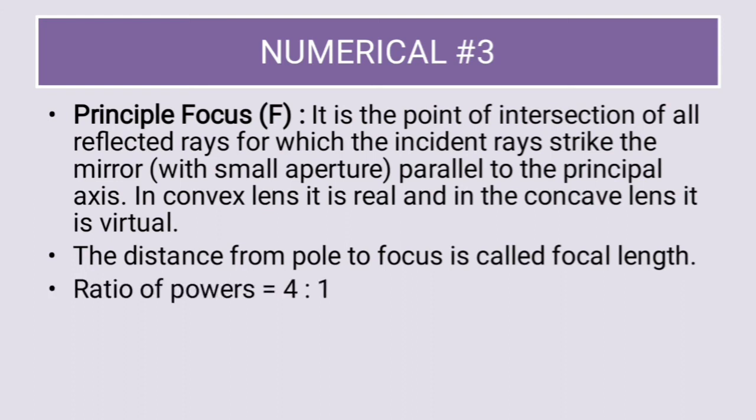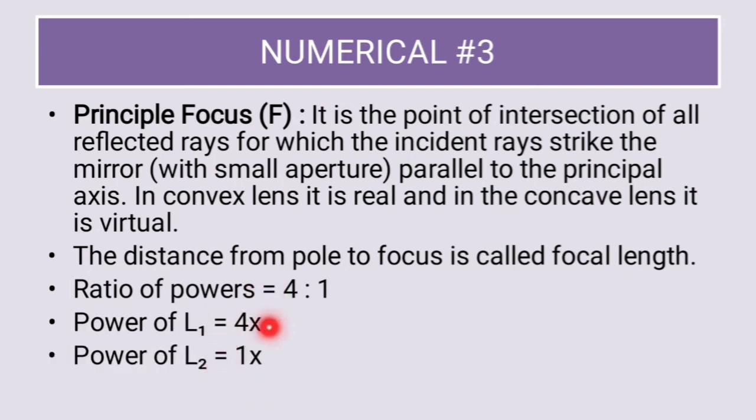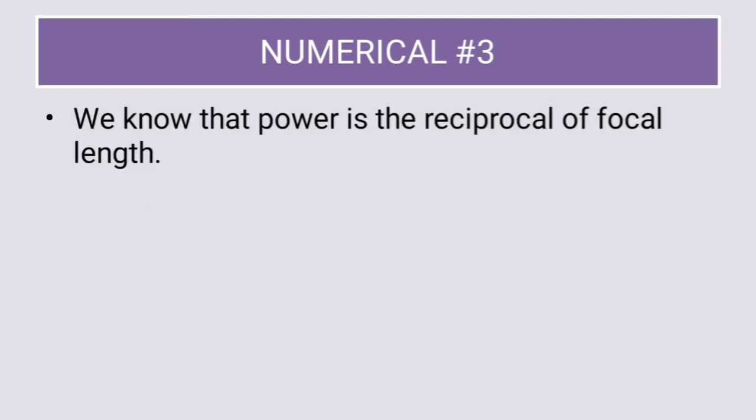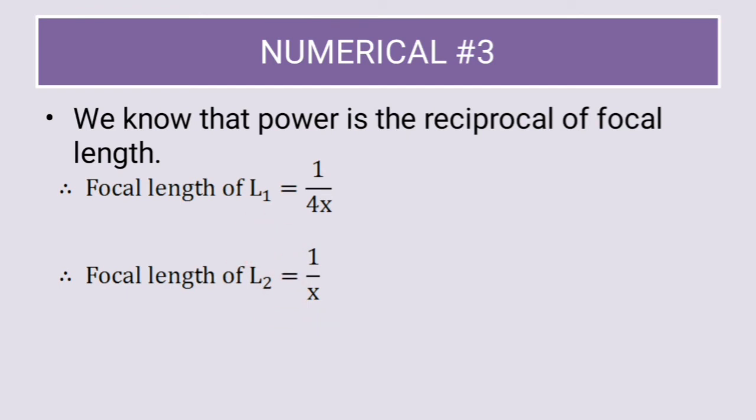The ratio of the powers is already known. So power of lens L1 is 4x and power of lens L2 is 1x. Now we know that power is the reciprocal of the focal length. So the focal length of L1 will be 1 upon 4x and the focal length of L2 will be 1 upon x. Then we have to simply take the ratio of the two.